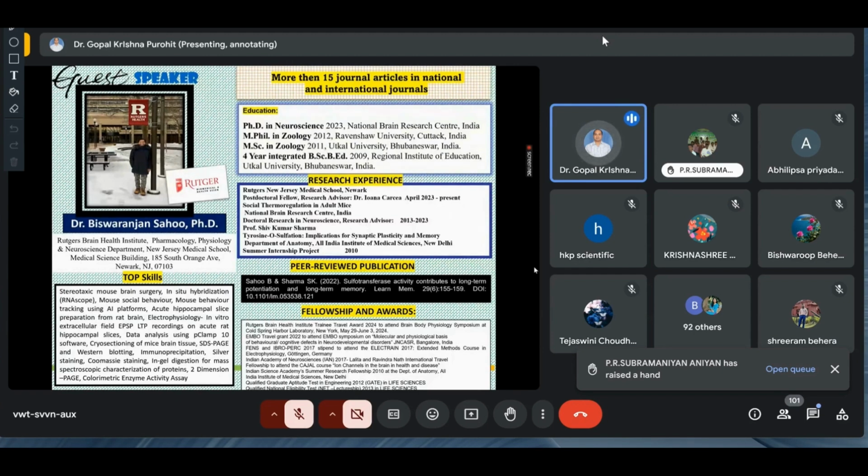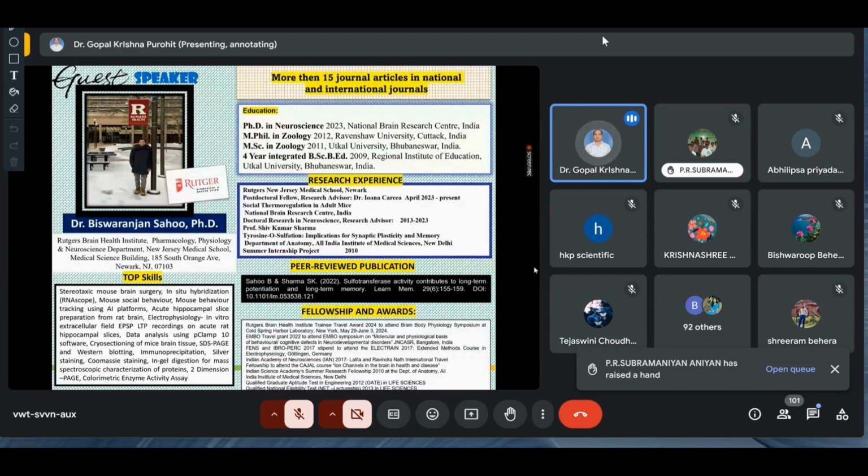Throughout his career, Biswaranjan sir has gained expertise in a wide range of techniques central to neuroscience research, including epigenetics, patch clamp recording, in vitro electrophysiology, and molecular biology techniques. He has also trained internationally, acquiring advanced skills in electrophysiology and neuropathology through renowned programs in Germany and France.